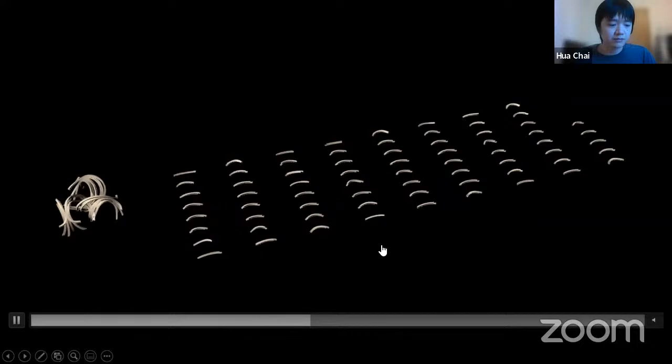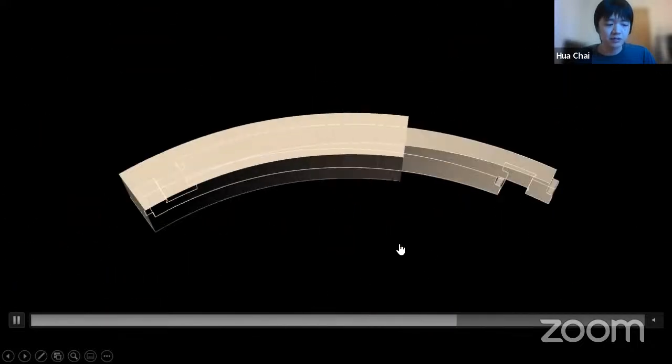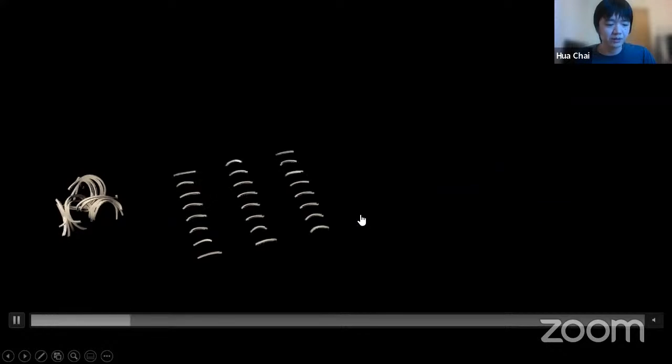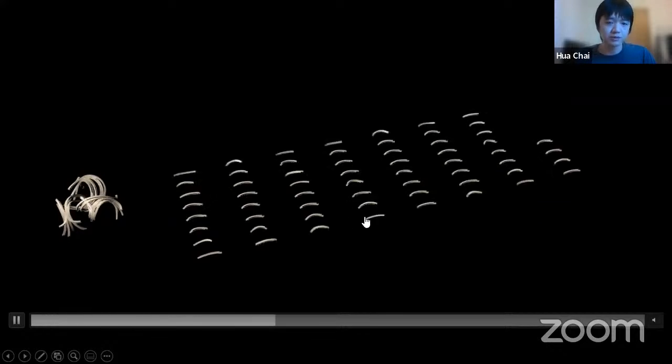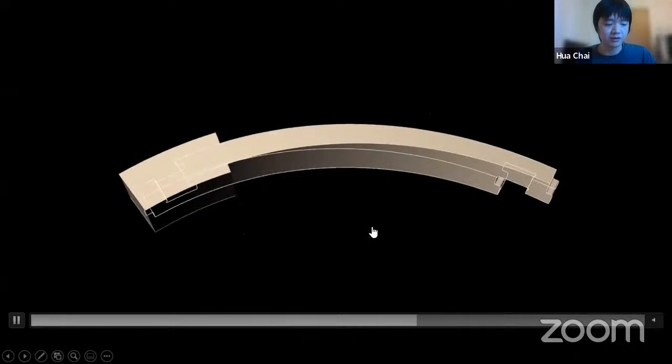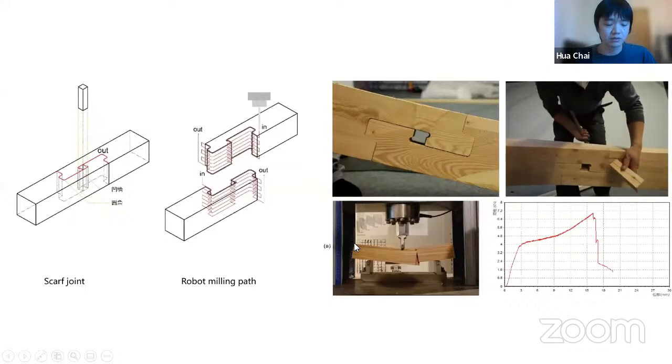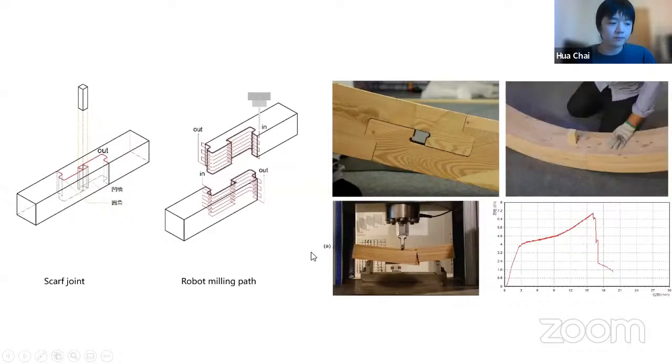Each of the double curved segments is expected to be cut out of a single curved glue line with a minimum volume that covers this target segment. In this way, we can reduce the material waste and also improve the grain continuity.